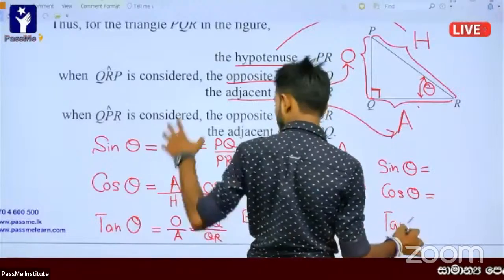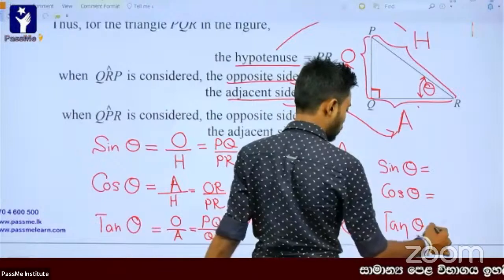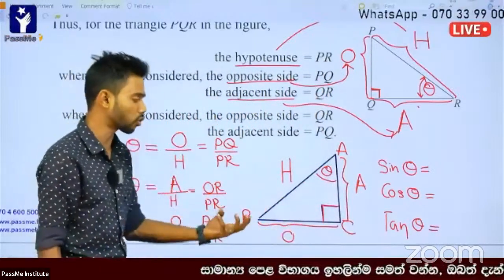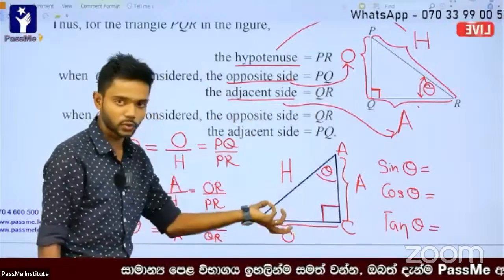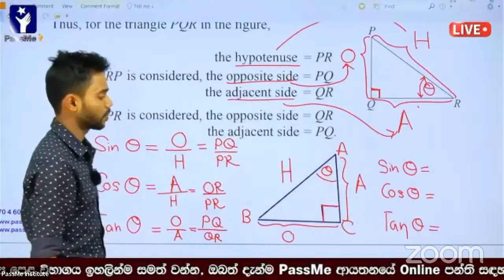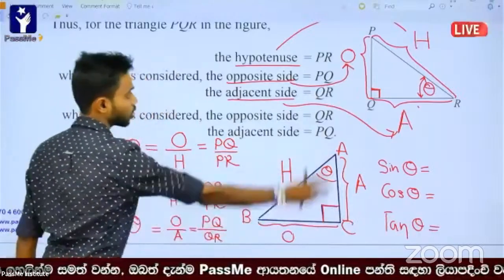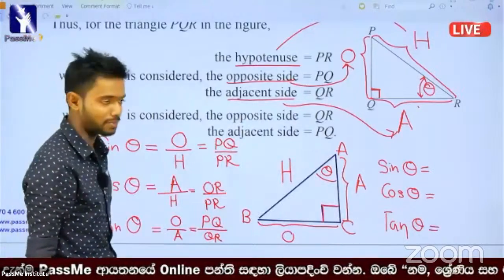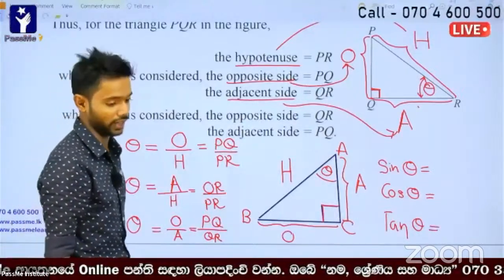Please copy these three, and after you have copied everything, draw this triangle if you haven't drawn it. Then write what you mean by sin, cos, and tan with the help of this ABC, not PQR. After you complete it, please send me a message through the chat.